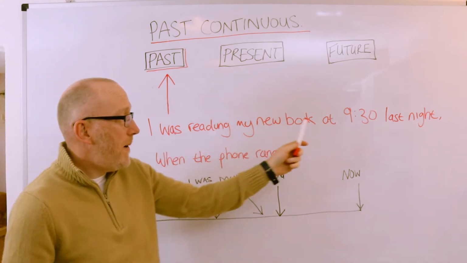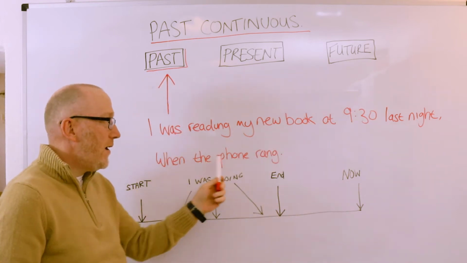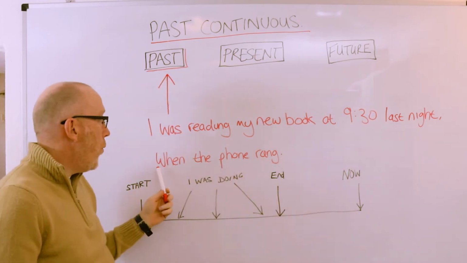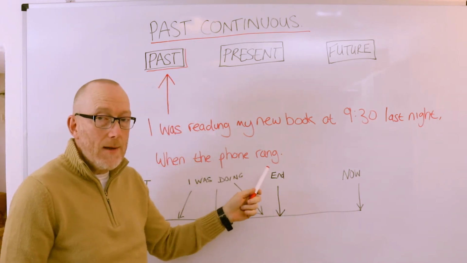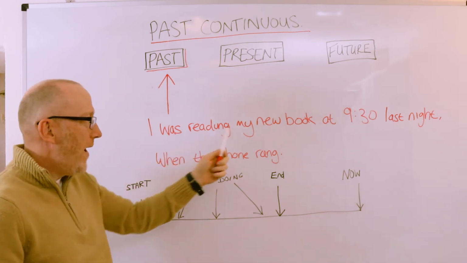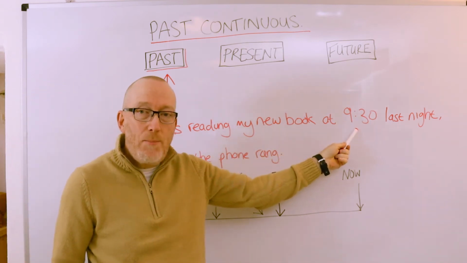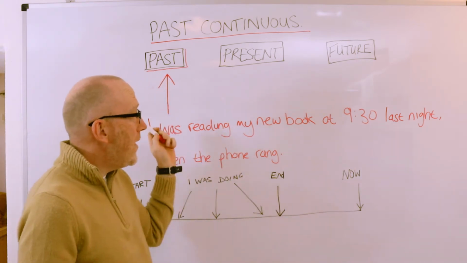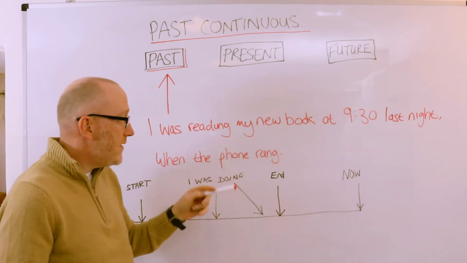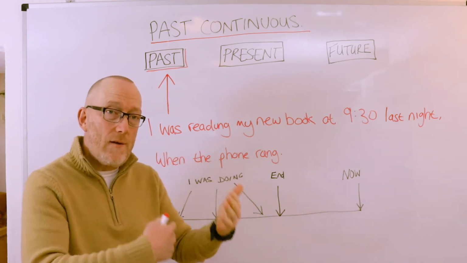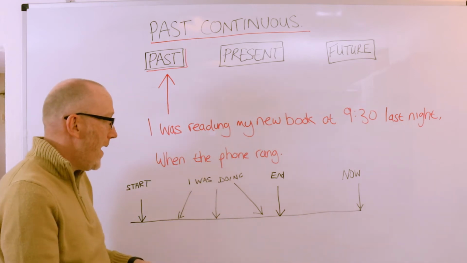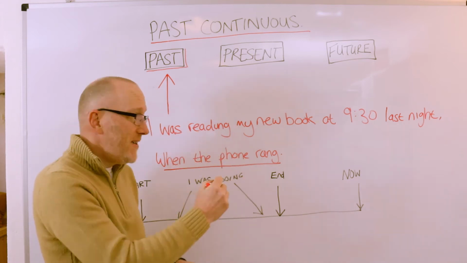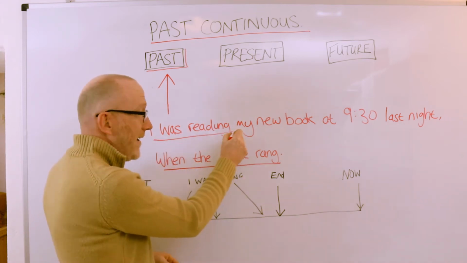But you will notice perhaps that my sentence continues. Yeah? So, I was reading my new book at 9:30 last night when the phone rang. Yeah? So, as well as giving information about a precise point in the past, a very precise time in the past, we also use the past continuous to sequence events, especially when one event, the phone rang, interrupted my reading.